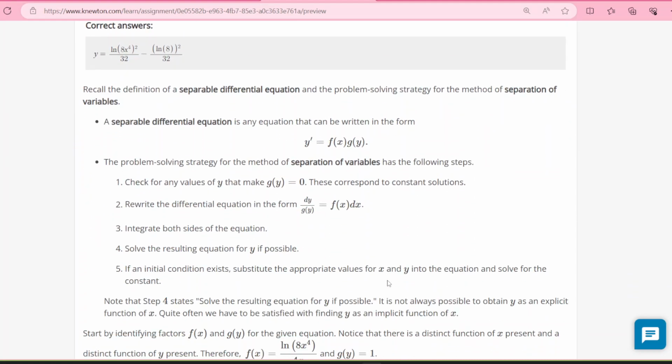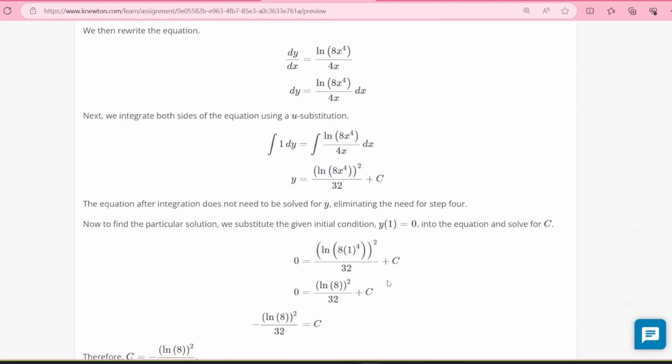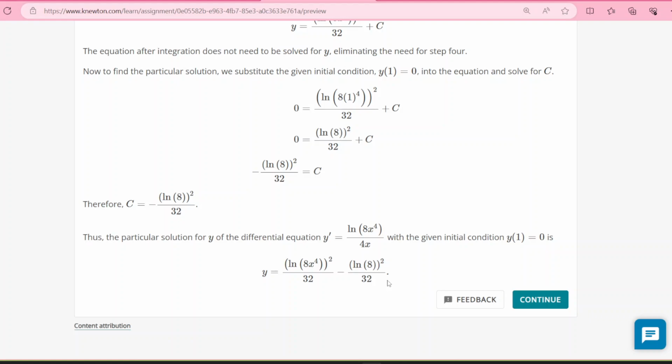Why isn't it marked correct here? All right, well, I'm going to pause here and send some feedback to Newton. Yeah, look at down here.